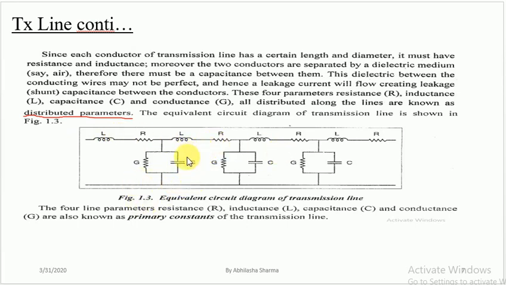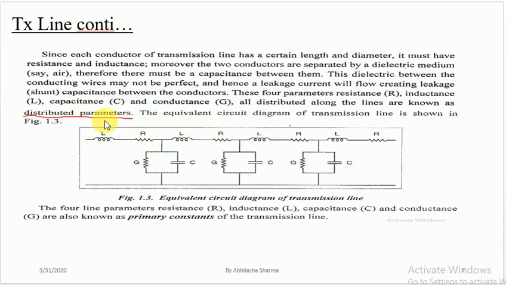It means it behaves like a capacitor, because what happens in the case of a capacitor? A capacitor is nothing but two parallel plates filled with some dielectric material. Whenever electric current passes through this wire, it produces a magnetic field.